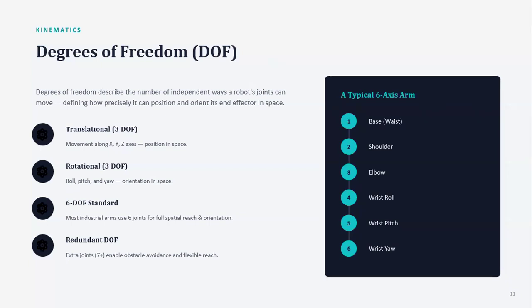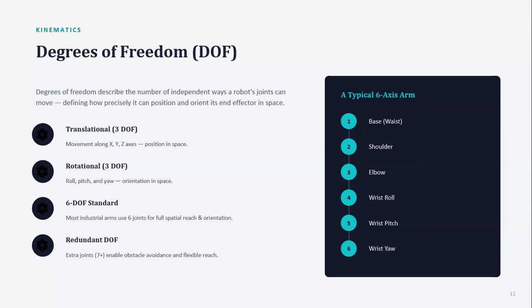So the next thing we are going to see about the most important terminology in robotics, say degrees of freedom. So degrees of freedom describes the number of independent movements a robot can perform. So 3 degrees of freedom determine the position.